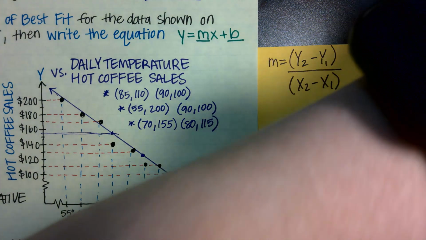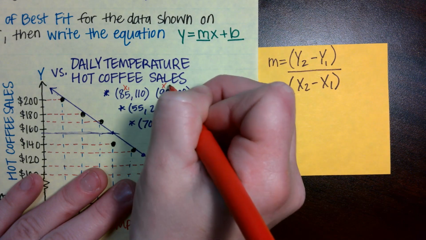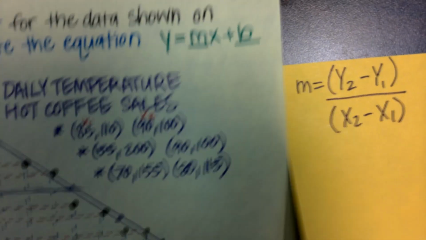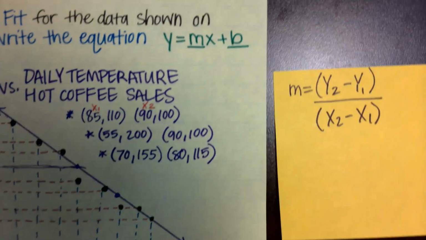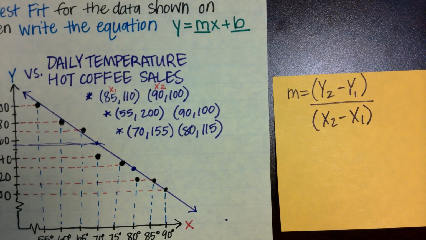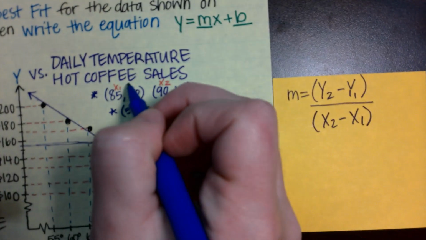So let's try this first set here. I'll label them. I've got X1, X2. I'll zoom in even more. Let me get this a little bit easier to see for you guys. Okay, and then my Y1 and Y2.